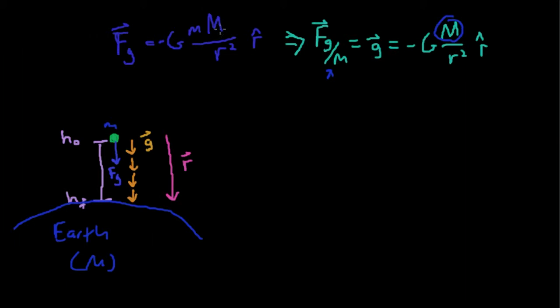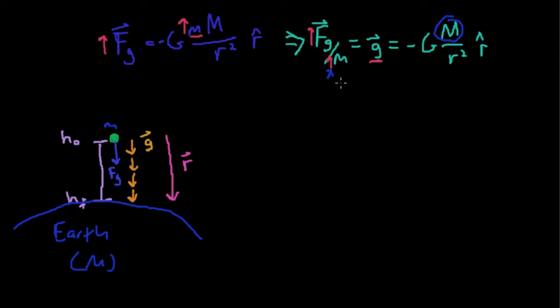Now, a larger mass, so if this is bigger, then I'm going to give a bigger force out. So I've got a bigger force here, but I also have a bigger mass that I'm dividing it by, and that gives me the same gravitational acceleration.